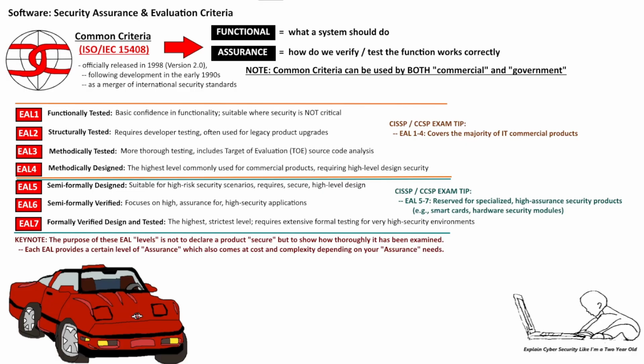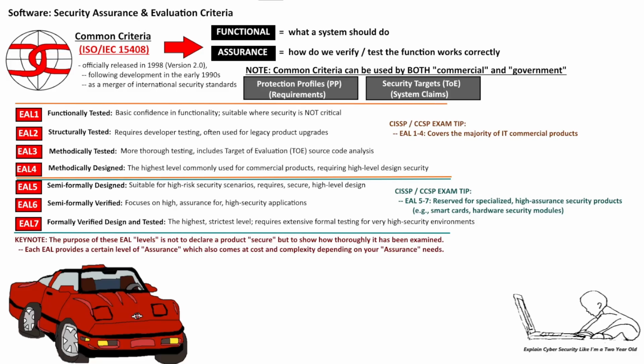Now, under the common criteria, you may also come across the terms of protection profiles, PPs. And the protection profiles are essentially a set of independent security requirements for a specific product, e.g. firewalls, smart cards, etc., ensuring a consistent level of standards across these.